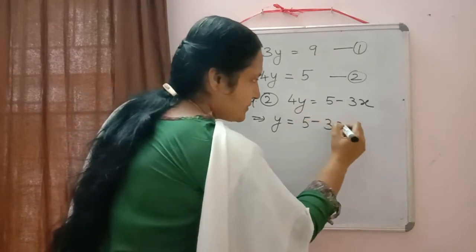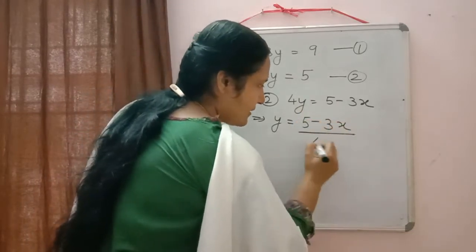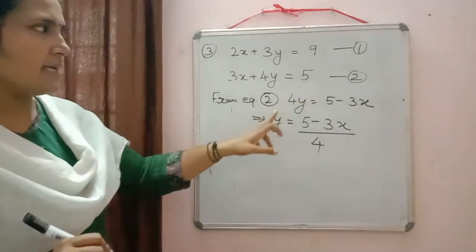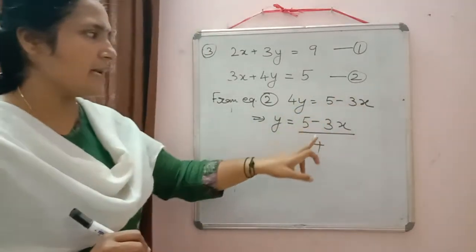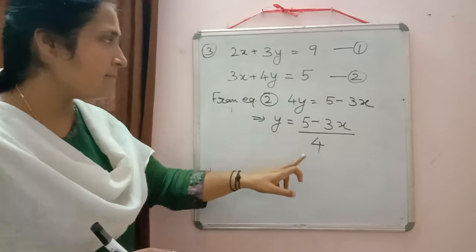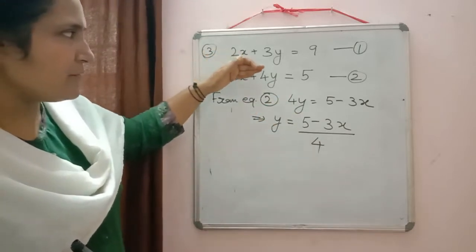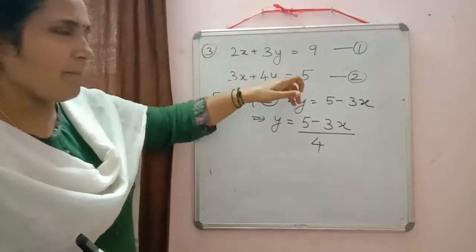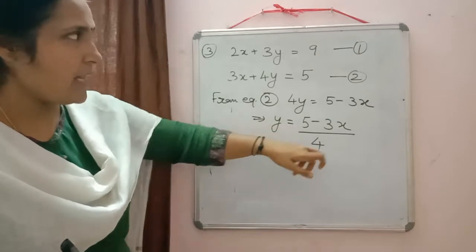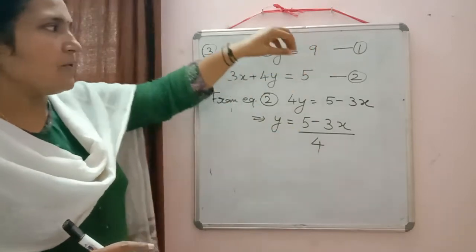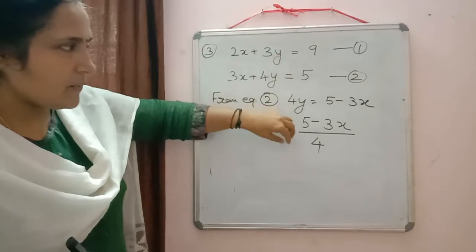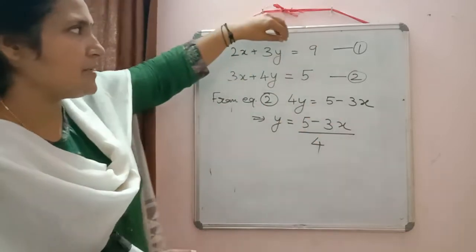When you will change the position, it will get divided there. y is equal to 5 minus 3x by 4. What we did? We substituted the value of y from equation 2 in equation 1.